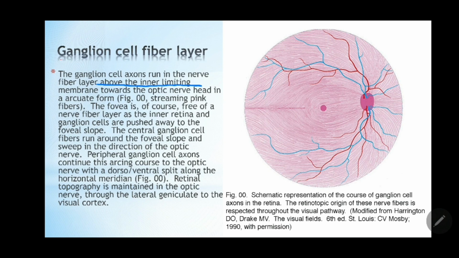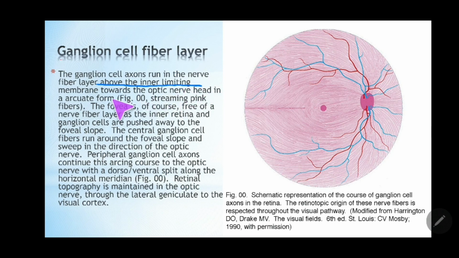So the nerve fiber layer is running above, meaning towards the choroid. That's why it's written that the ganglion cell axons run in the nerve fiber layer above the inner limiting membrane towards the optic nerve head in the arcuate form.